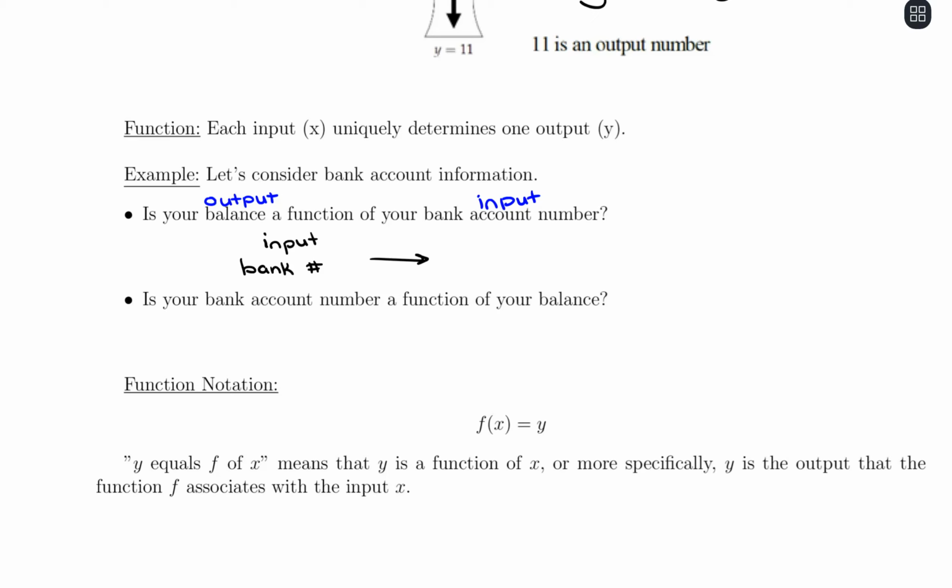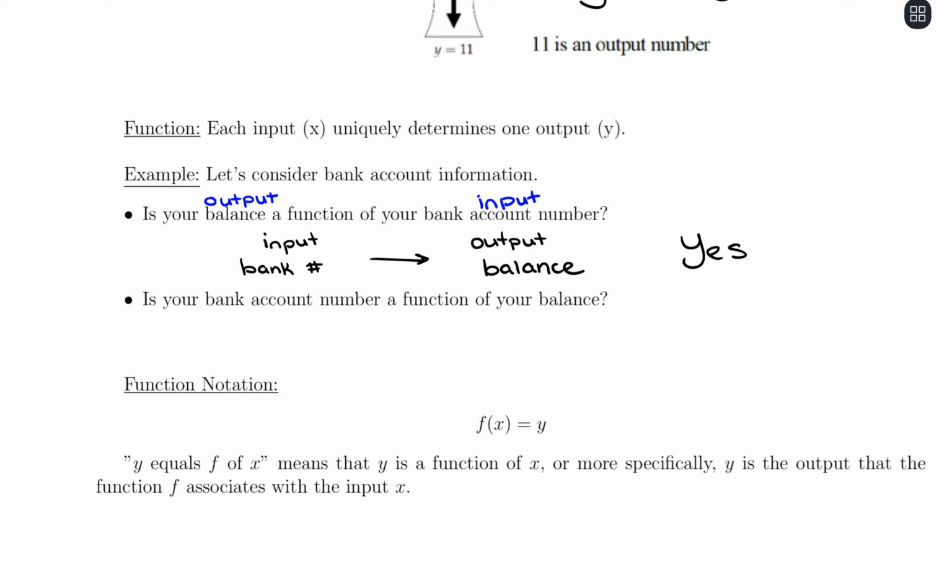Instead, we type in our bank account number and we get just a single output, which would be our balance, and it would just be that one balance for that account. So this relationship of inputting a value and just getting a single output, this is a function. So I'm going to write yes, that's a function.